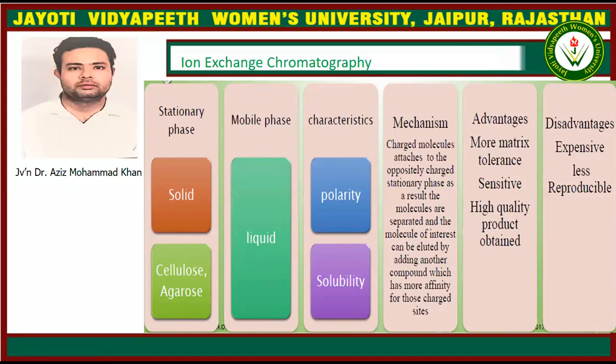So for the negatively charged particles, we added negatively charged beads. Okay, we added negatively charged stationary phase so that the positively charged particles will bind to these negatively charged stationary phase beads, and the negatively charged proteins will be easily separated.